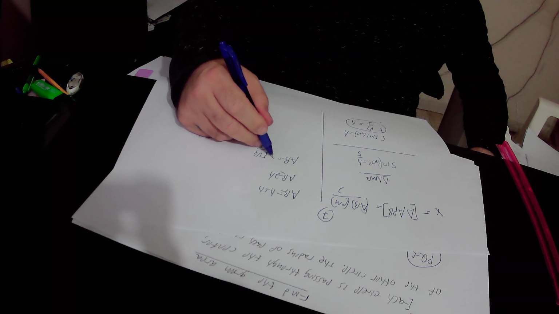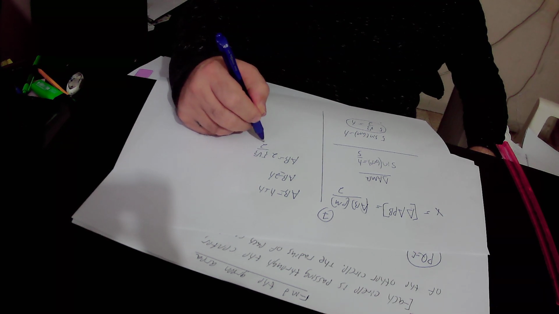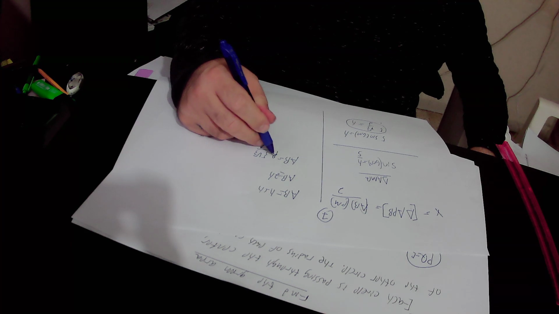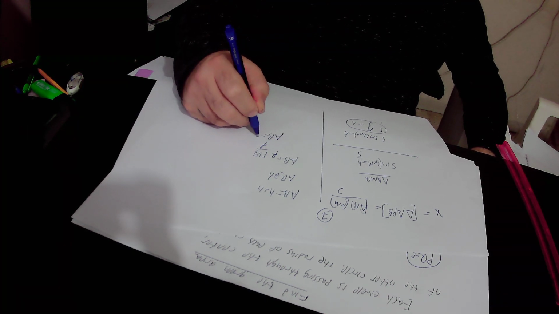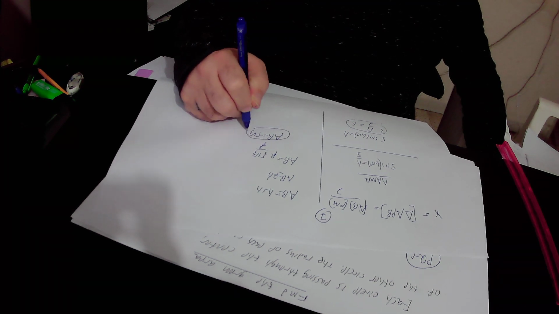So 2h is 2 times 5 times square root of 3 over 2, 2 over 2 is 1, so in conclusion AB equals 5 times square root of 3 units.